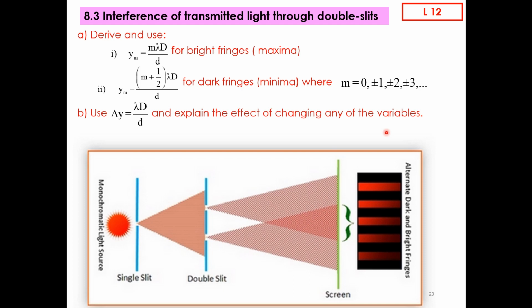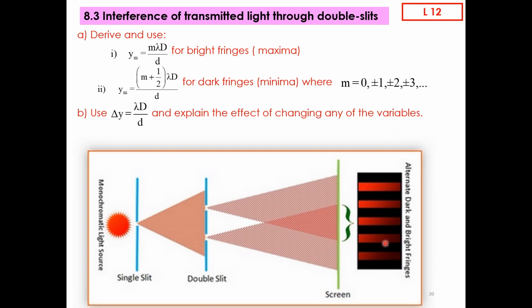Point number 2, Ym equals (m plus half) lambda D over d for the dark fringe, minima, where the order starts with 0, 1, 2, 3, etc. For B, delta Y equals lambda D over d, and explain the effect of changing any variable. So this is the schematic diagram for the Young double slit experiment.